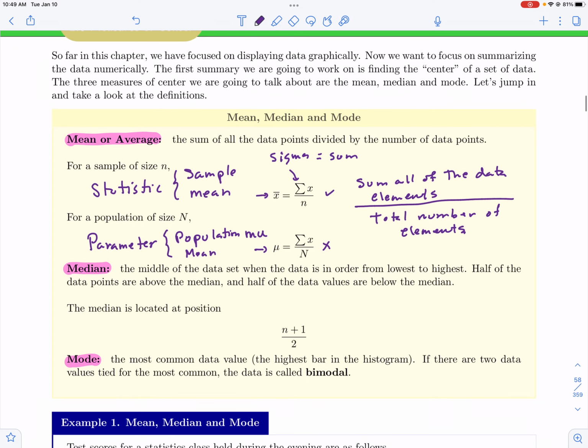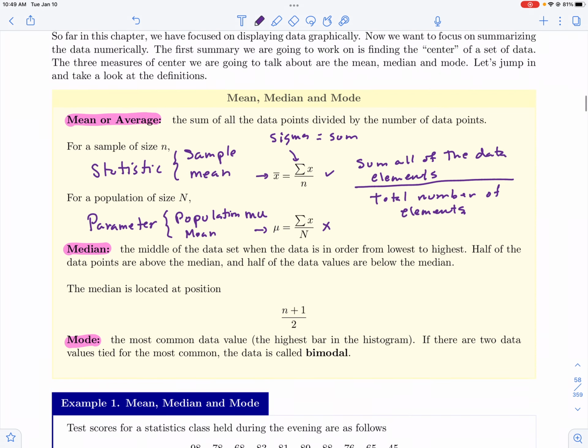All right, our median. We talked about this in the last section, but if you notice, this formula looks a little bit different, but in fact, it is the same as our index formula. If we remember, our median was a percentile of 50. So in terms of our formula, k equals 50, and we use our index formula from the previous section, k divided by 100 times n plus 1.